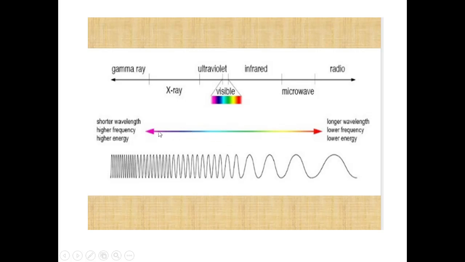Similarly, X-rays and gamma rays have high frequency, high energy, but shorter wavelength. I believe you could understand the electromagnetic spectrum in detail.